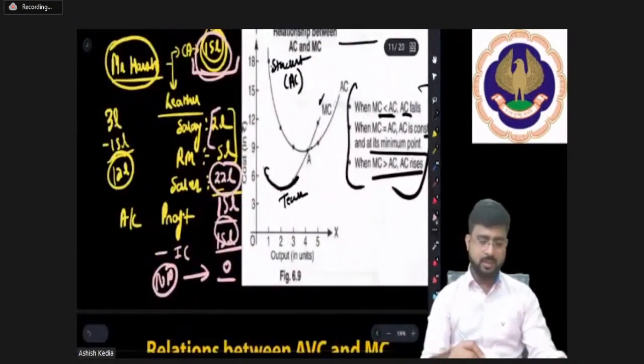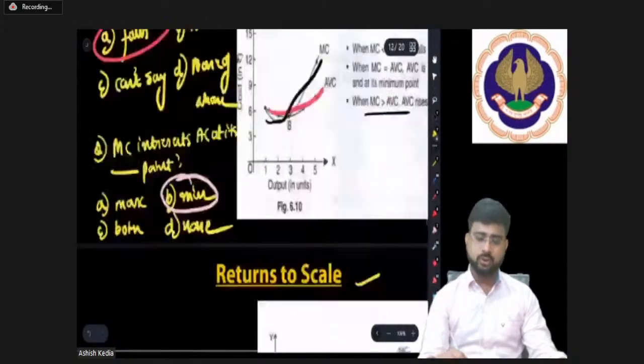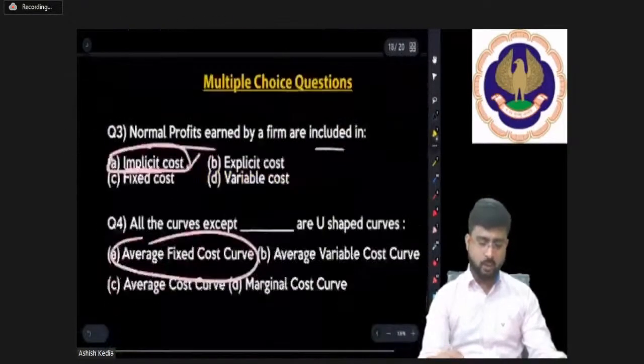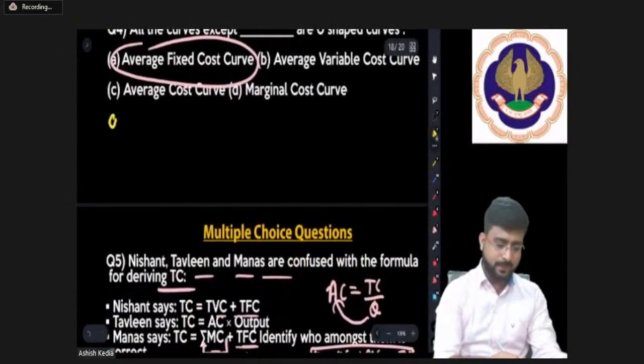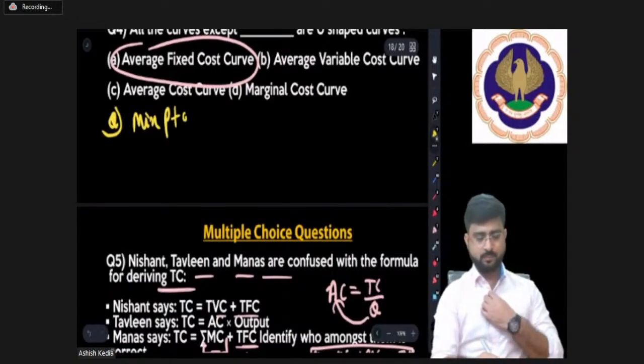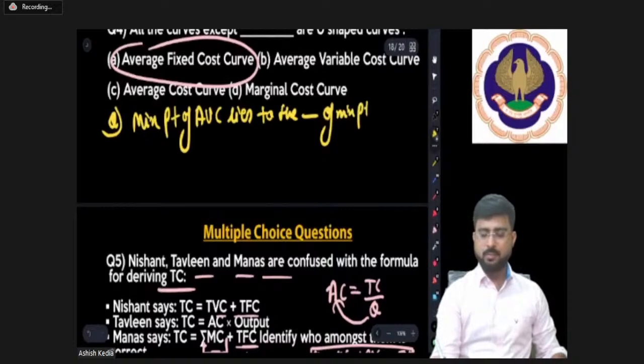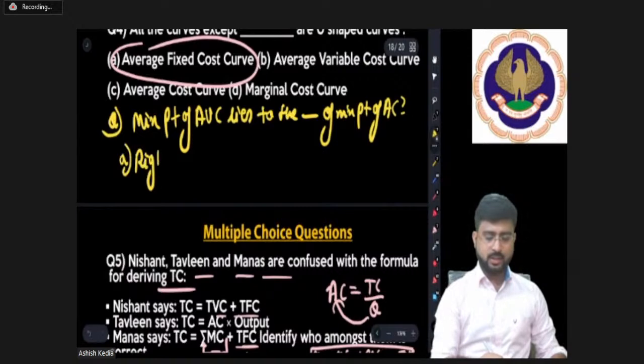Moving on to the next question, friends. Before we talk about returns to scale, one last question. Minimum point of AVC lies to the dash of minimum point of AC. A, right; B, left; C, can't say; D, don't know.